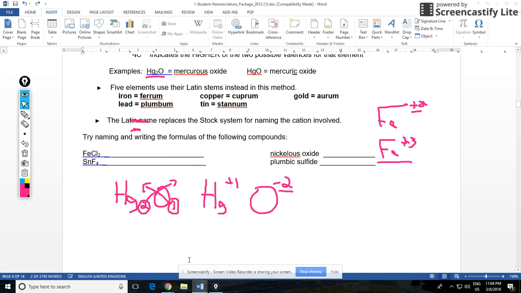We have mercury 1, the lower valence. So since it's a lower valence, we're going to write mercury oxide, but we're going to replace the ending of mercury with mercurous to indicate that we have the lower valence mercury in this compound. So it's mercurous oxide.